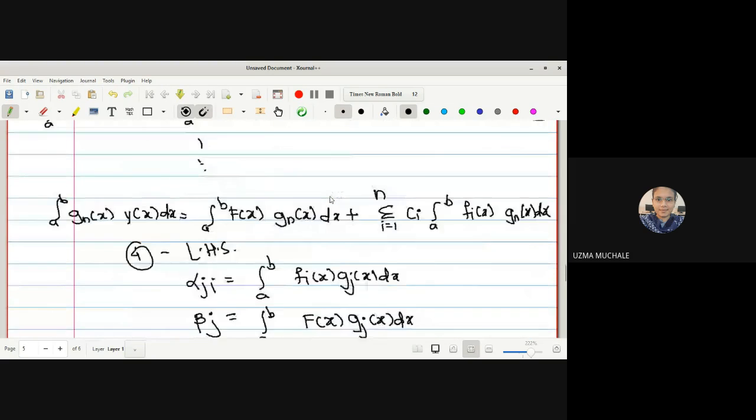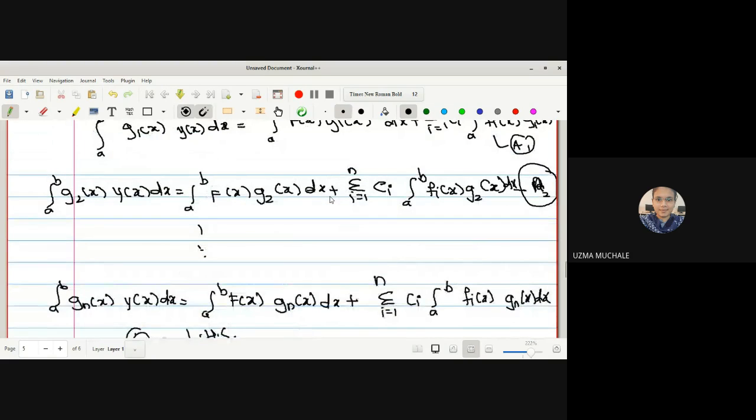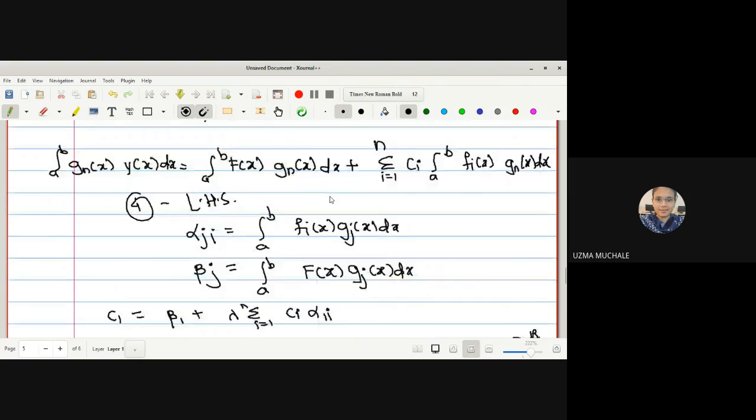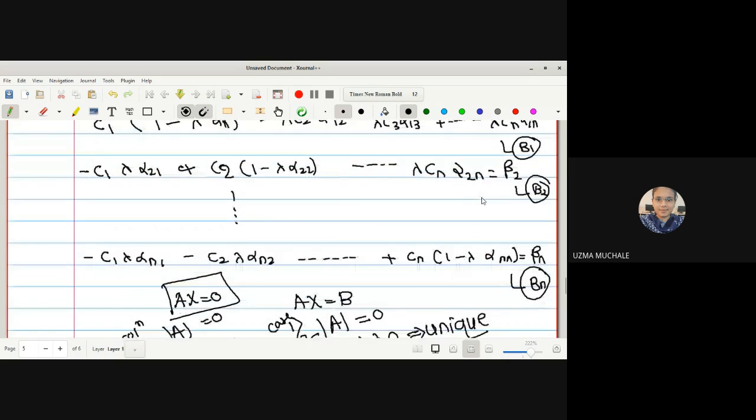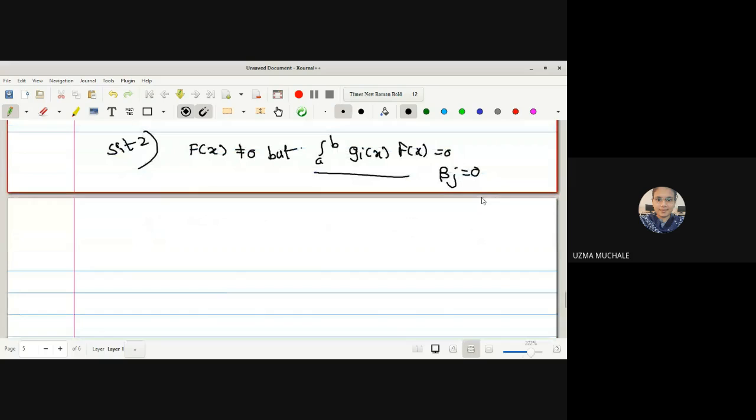See here, these f of x g1, f of x g2, f of x gn, if all are 0, f of x not equal to 0 but the value of the integration is 0, which means this term is nothing but your beta j. If it is equal to 0, again we reduce to our Ax equal to 0 case. If beta j is 0, Ax equal to 0 will come. Here there will be no term.